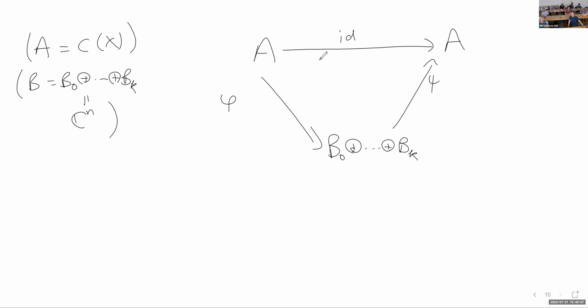In general, for the definition of nuclear dimension, we want this to be completely positive, as in the CPAP, but also contractive. A star homomorphism is also contractive. In general, we want this to be CPC. And again, we want this diagram to commute up to epsilon on my finite set F. And this psi is going to decompose as a direct sum as well.